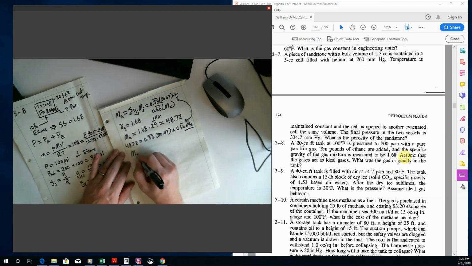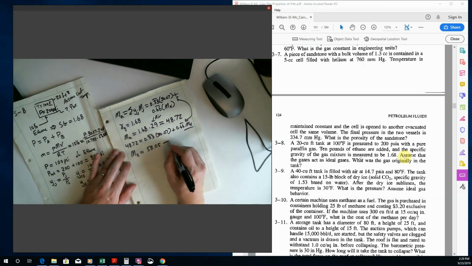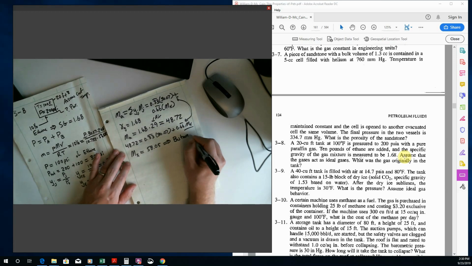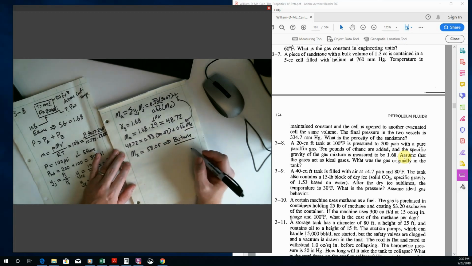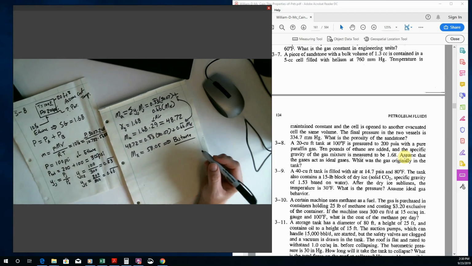We'll get MX is equal to 58.05. If we go back into Appendix A and look up what has molecular weight of 58.05 roughly, we will find butane. That's a paraffin. So the answer is butane. This was a butane-ethane mixture.